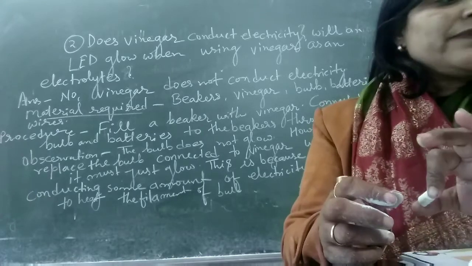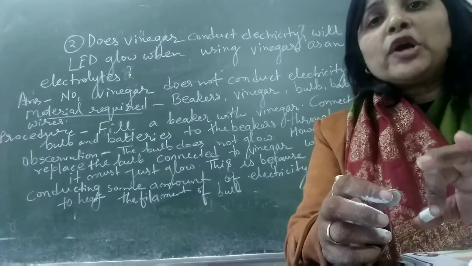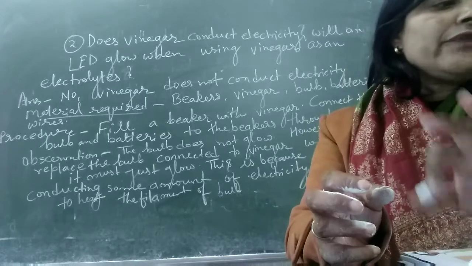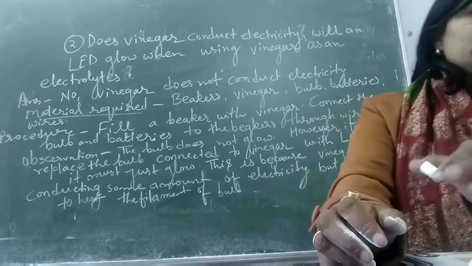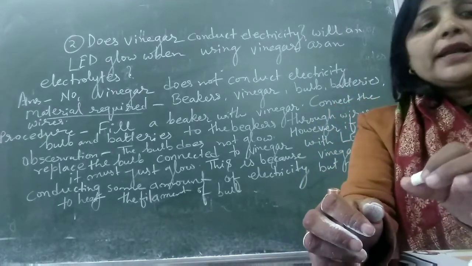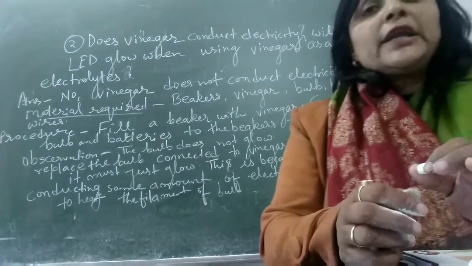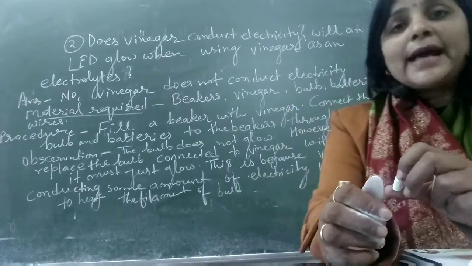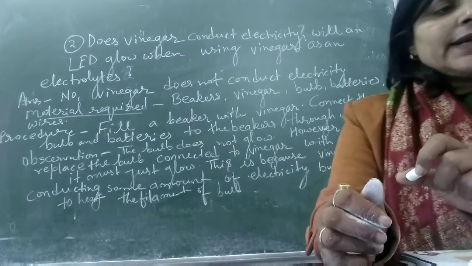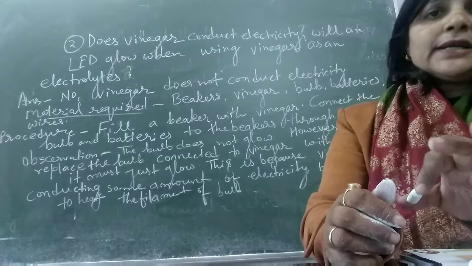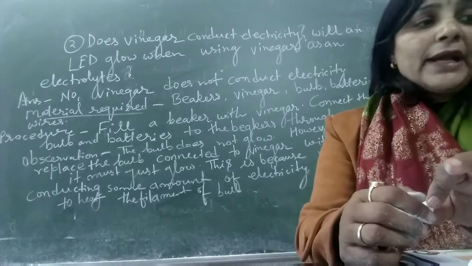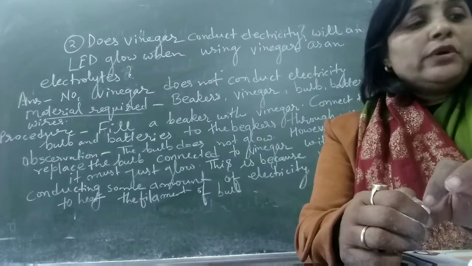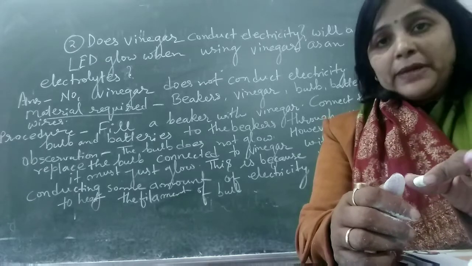This is because vinegar is conducting a small amount of electricity, but not enough to heat the filament of the bulb. However, since an LED consumes less current, the amount of current conducted through vinegar might be enough for the LED to glow and not the bulb.